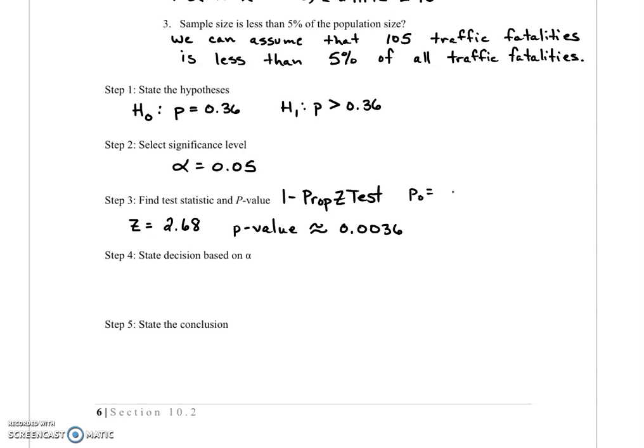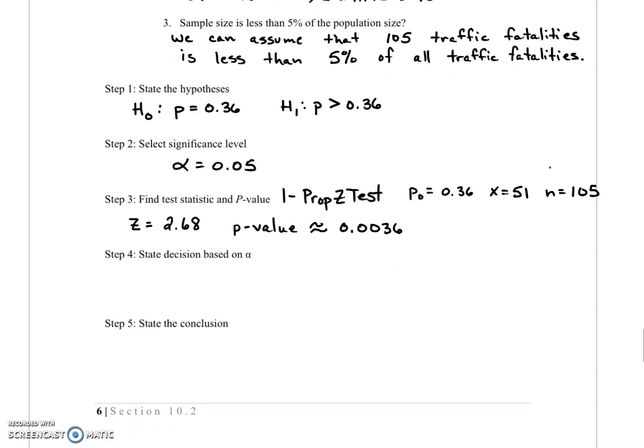So P0 was 0.36, X was 51, N was 105, so let's make our decision. P-value is definitely less than alpha because our p-value was 0.0036 and alpha is 0.05. So that means we reject the null hypothesis.